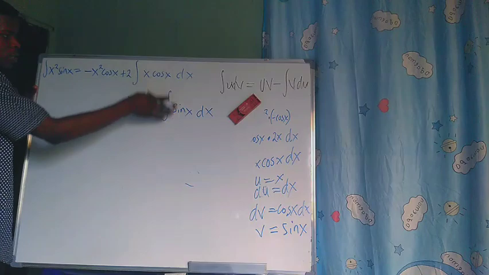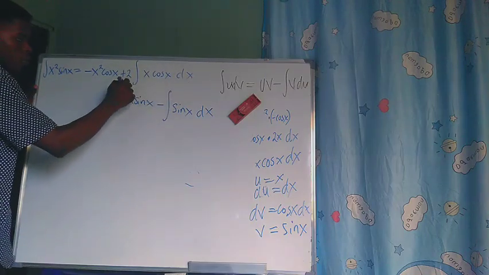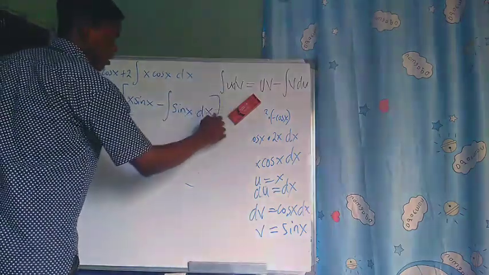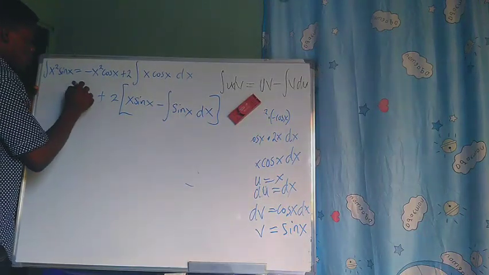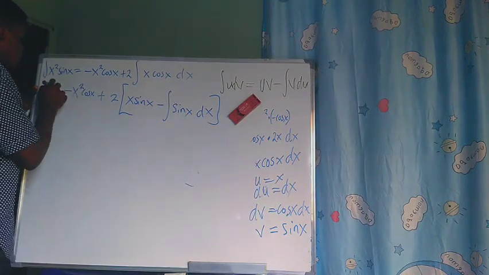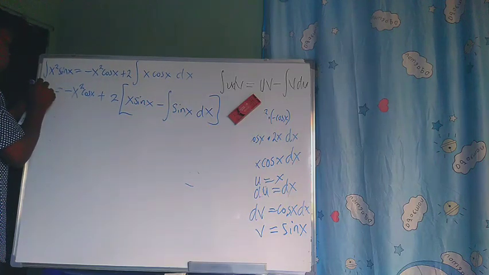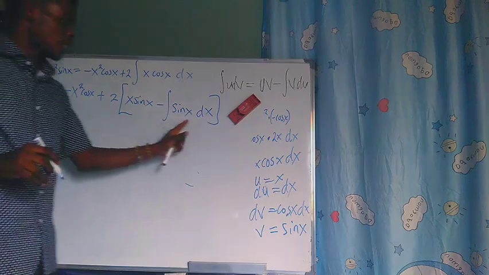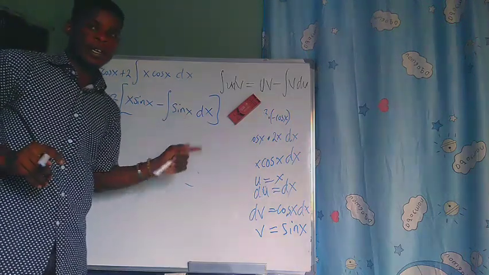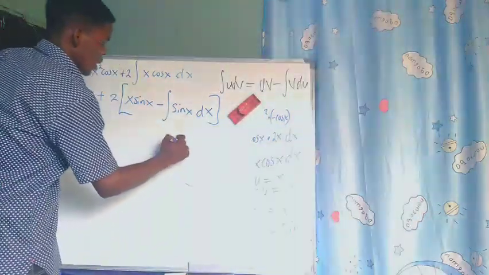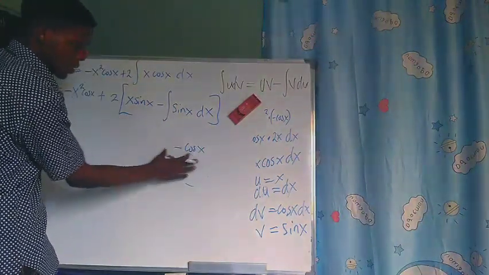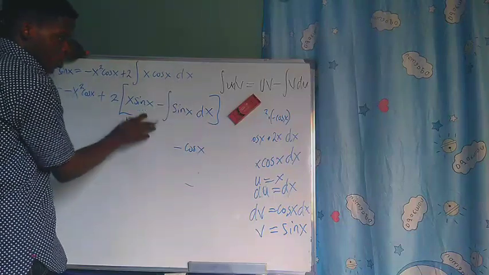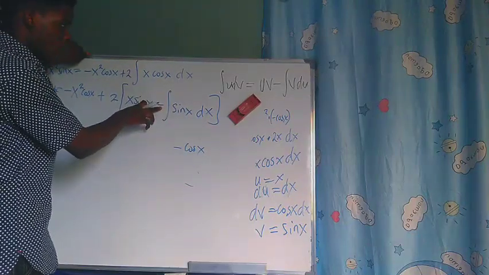Since this is gotten from the integral of this alone, we remember the 2 outside as a constant. So you multiply that by 2 and we add it with negative x squared cosine x, and this was our original question, x squared sine x dx. So what's the integral of sine x? It is negative cosine x. That's inside after integrating, it is still a negative outside waiting for it.